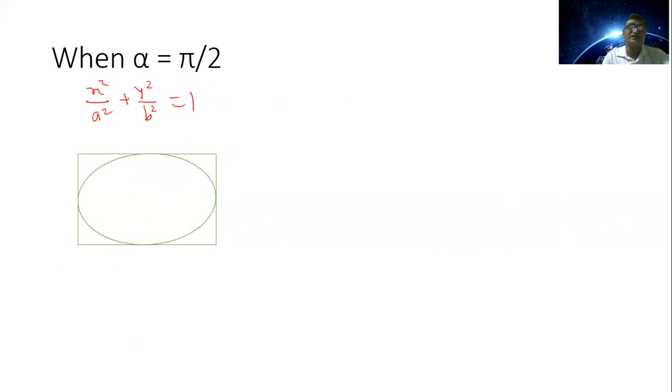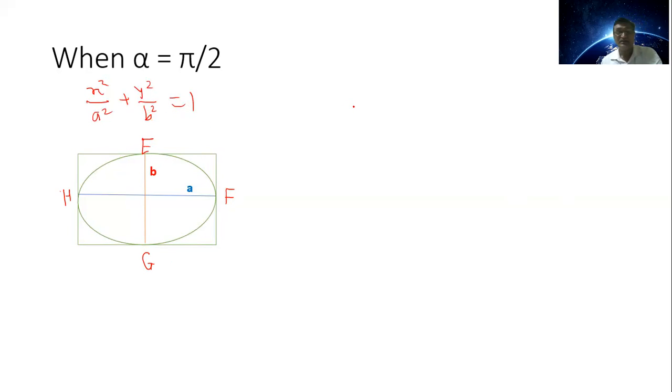That ellipse we can represent here having the semi-major axis A and semi-minor axis B. The particle performs SHM along this ellipse that we can designate as EFGH.